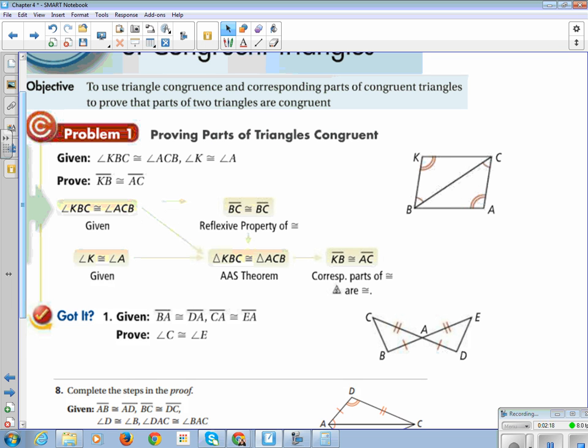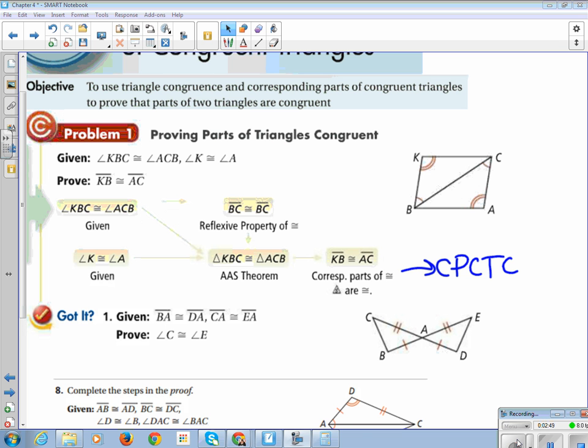So then any part and the corresponding part have got to be congruent also. This is sometimes abbreviated as corresponding parts of congruent triangles are congruent, CPCTC. If instead of writing the words, you want to abbreviate it CPCTC, please feel free.